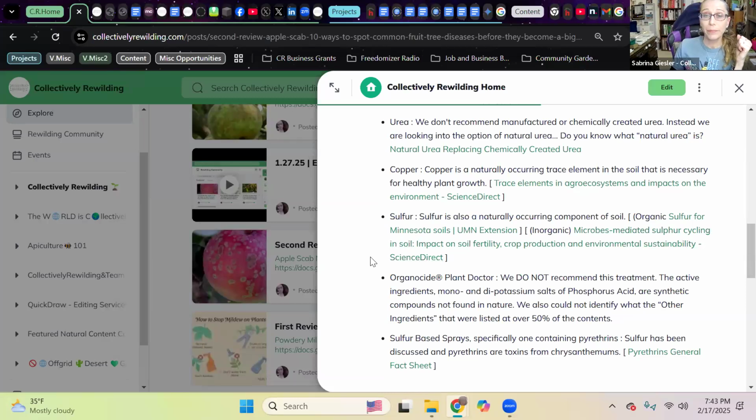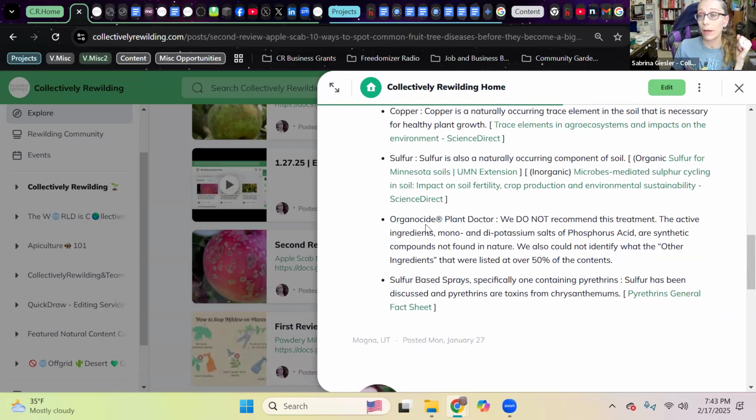Copper sulfur, this is one of the few that we do talk about, and we do not recommend it. This is why it's so good to do your research. This was in an article that was overall more geared towards a natural treatment, but this particular treatment did not even tell you what the other ingredients were. They would not openly communicate in their literature what the 50% of other ingredients were.